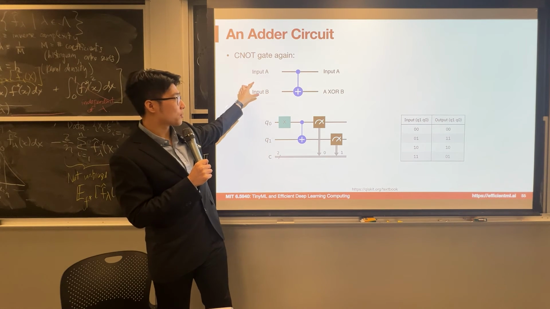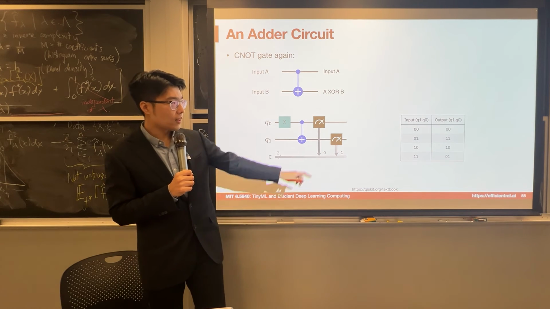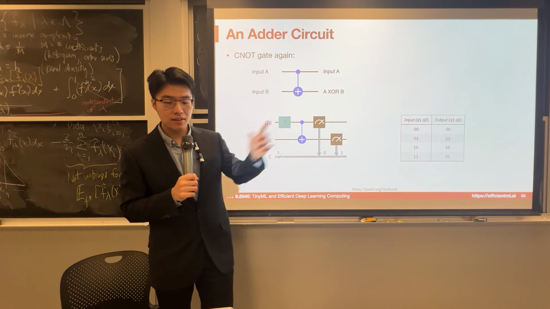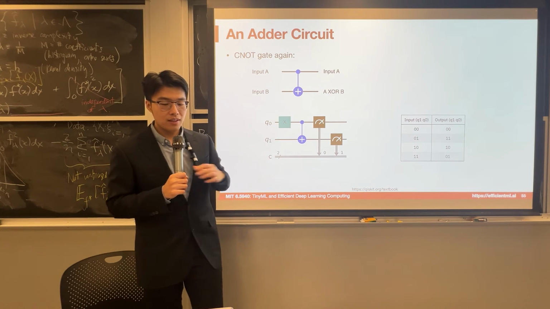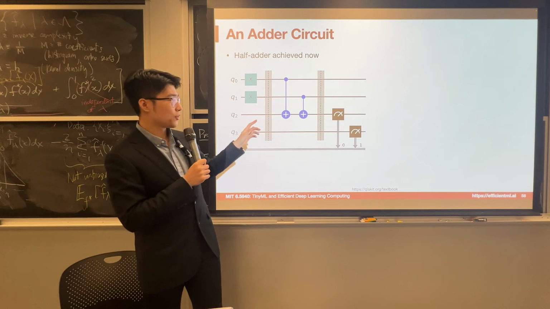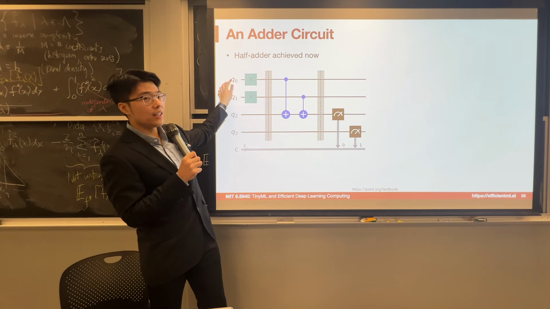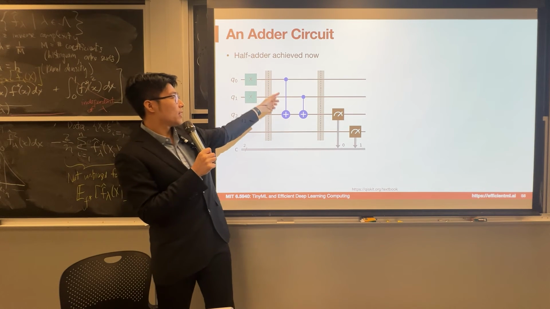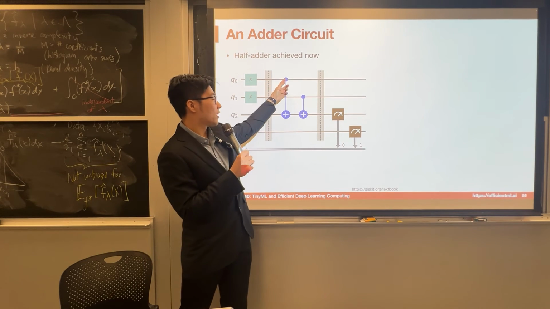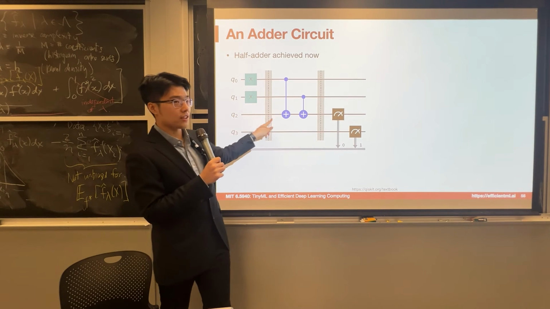If A and B are the same, the output will be 0, and the input A will be kept the same. So in that case, we can already achieve a half adder using the CX gate, because we first do the inverse of Q0, and if this is 0, we do a NOT here to come to 1, and that will do a flip of the first result here.